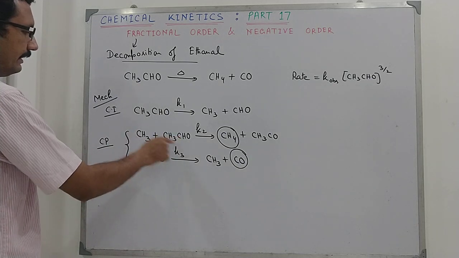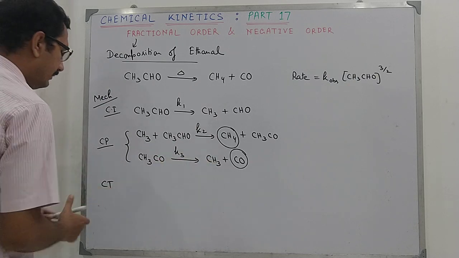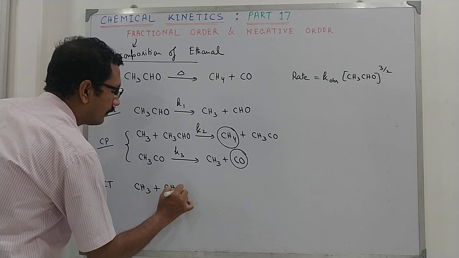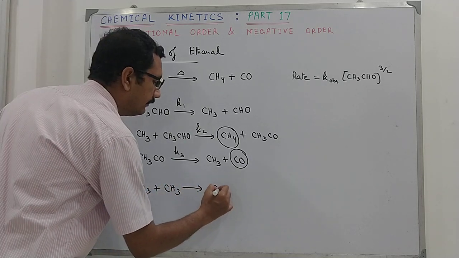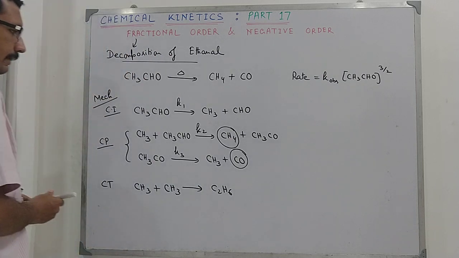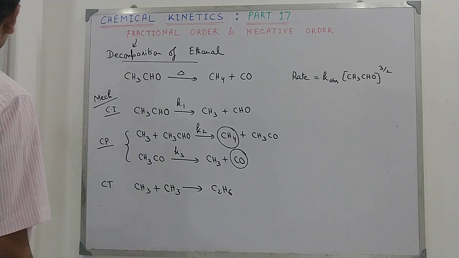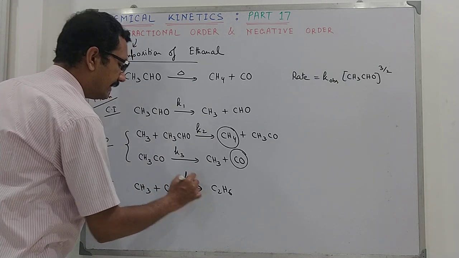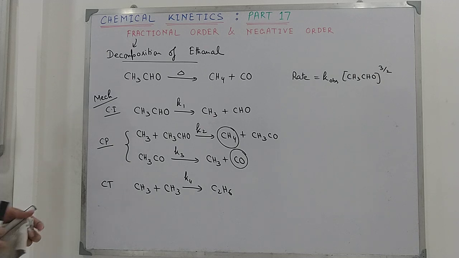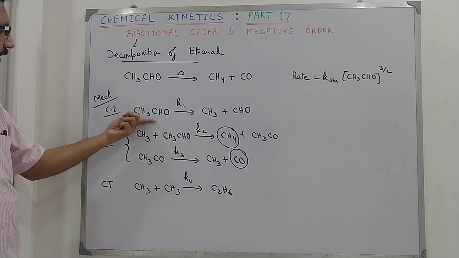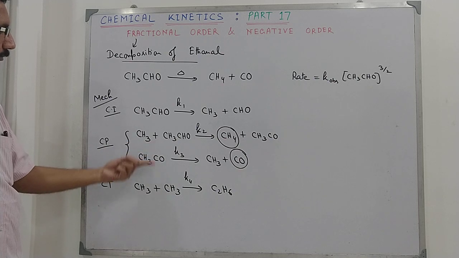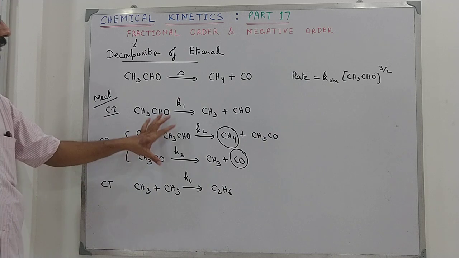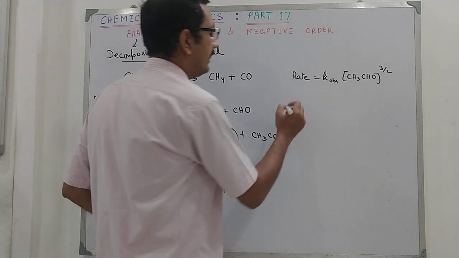Since it is finished, it will dimerize to give ethane, and that will terminate the reaction. So we have the rate constant K4 here. So first step is the chain initiation, then two steps chain propagation which repeats, and last step is the termination process. So this is a free radical chain mechanism.